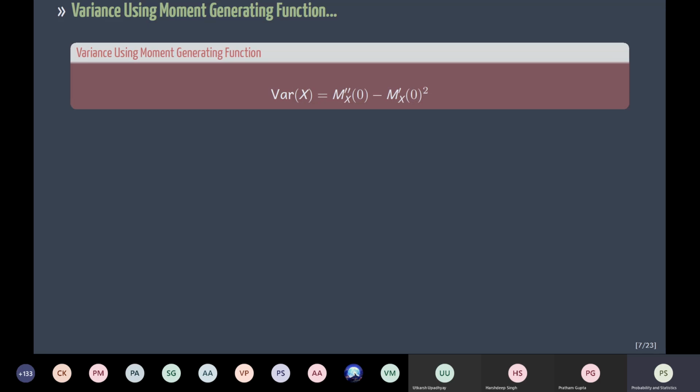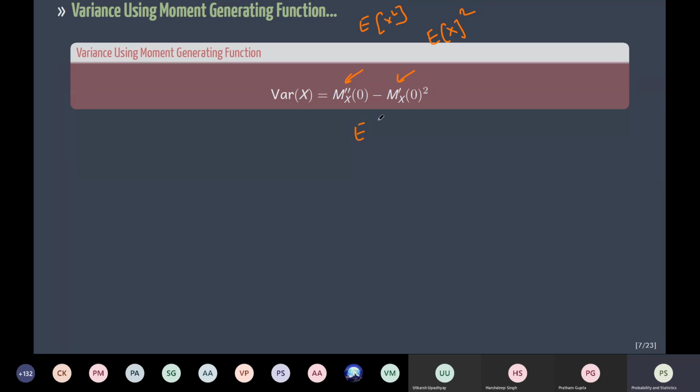If we do the double derivative, then we get the expectation of x squared, and then this is the expectation of x, whole squared.